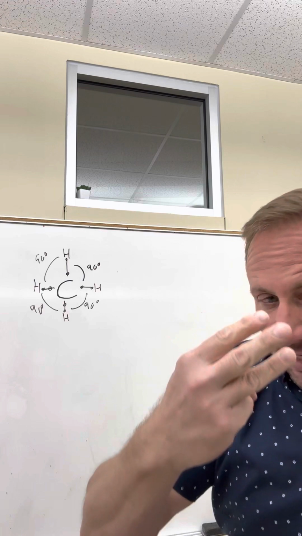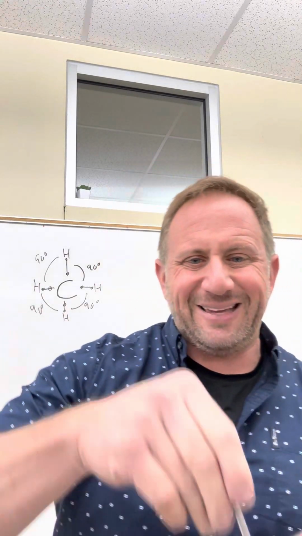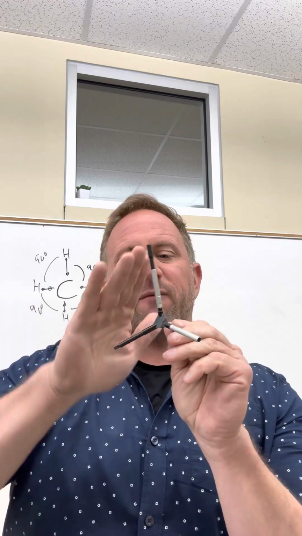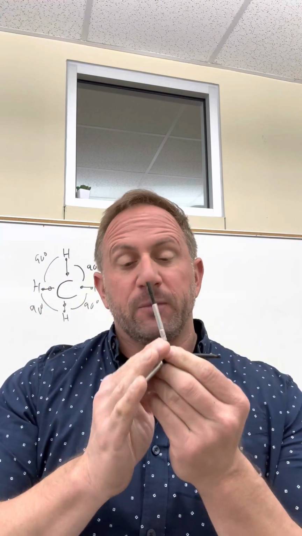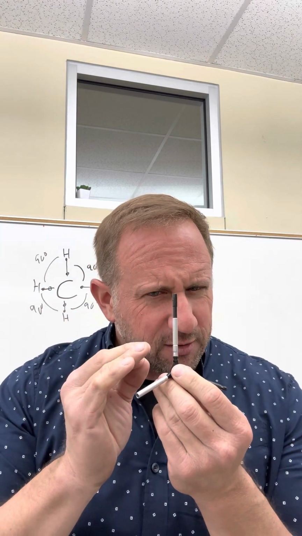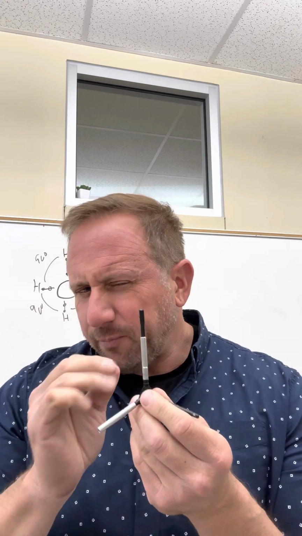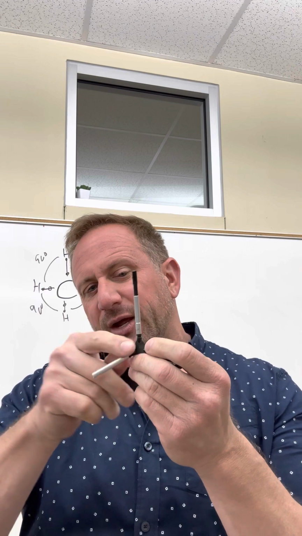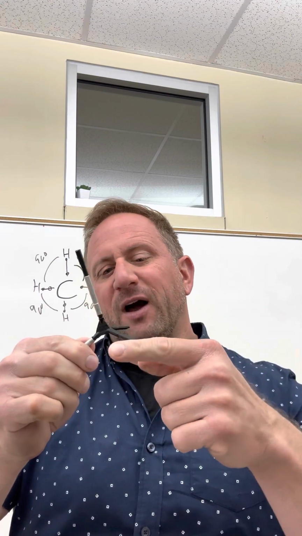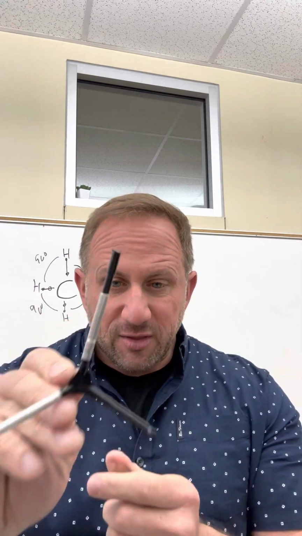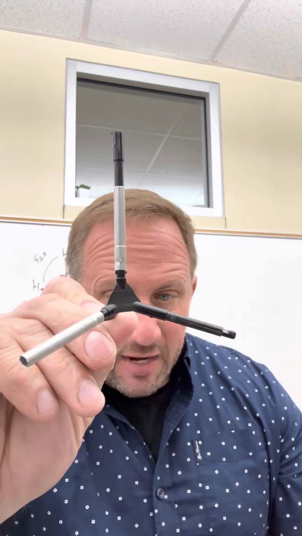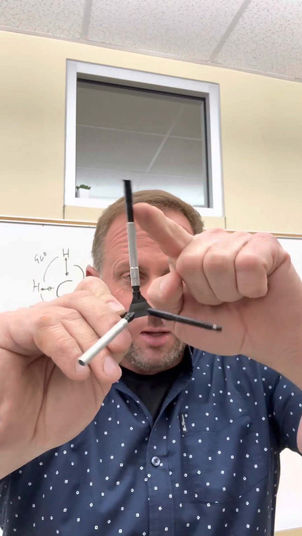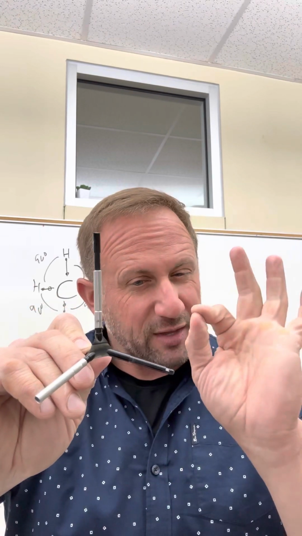But in a 3D world, a world we actually live in, we're going to put it like this. We're going to have them farther away from each other. And why is that? Because this is a 109.5 degree bond angle. And so you can see that is not a right angle anymore. That is not a 90-degree angle. That's a 109. And what does that mean?